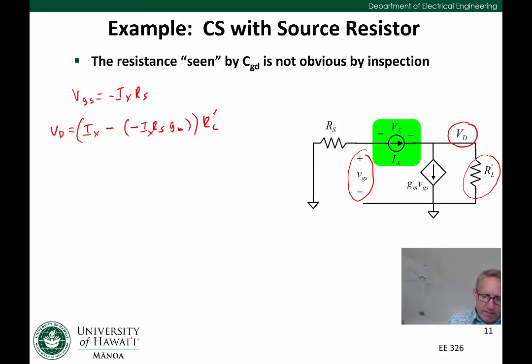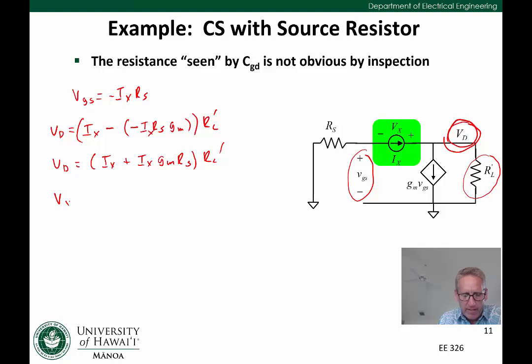And if I simplify this, I can write that VD is equal to Ix plus Ix gm Rs times RL prime. And now that I've determined VD and I know VGS, I can determine Vx by just taking the difference between the two.